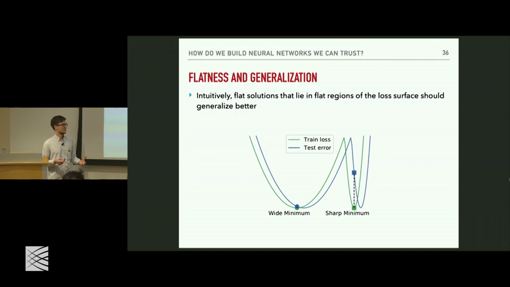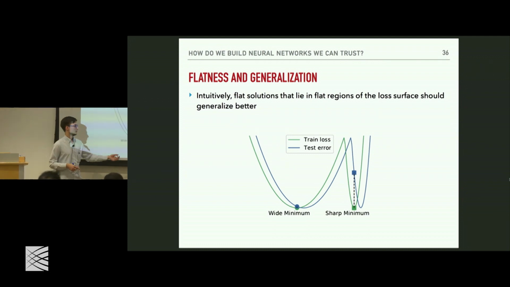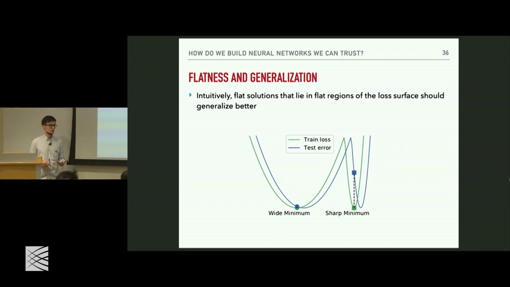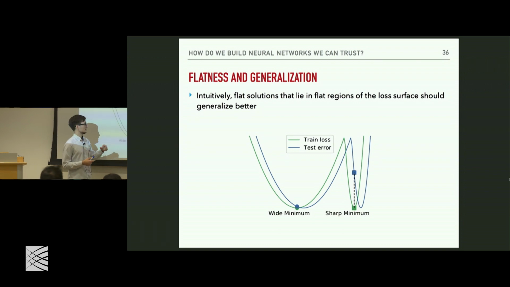And there is a conjecture that wide optima correspond to networks that have better generalization properties than networks that correspond to sharp solutions in the loss landscape. One of the intuitive reasons is the train loss surface, shown in green here, and the test error surface. We train the network by minimizing the loss on our train data, and we test it on a different data set.